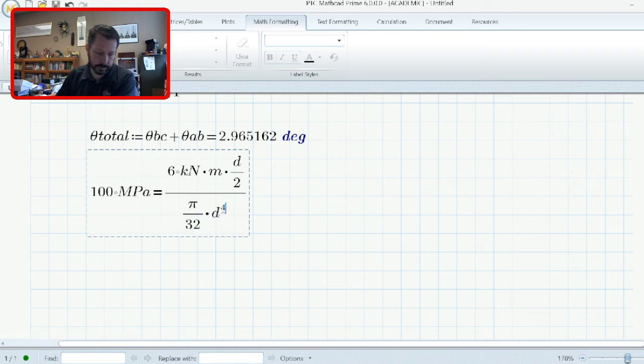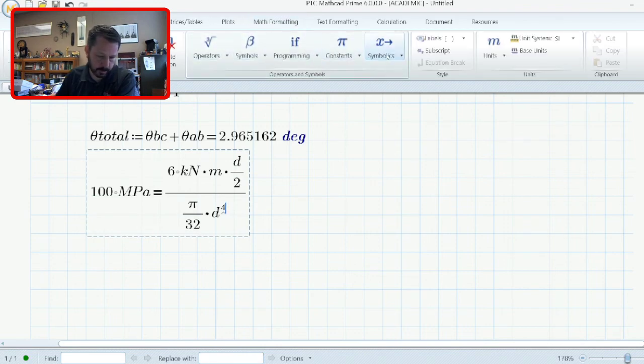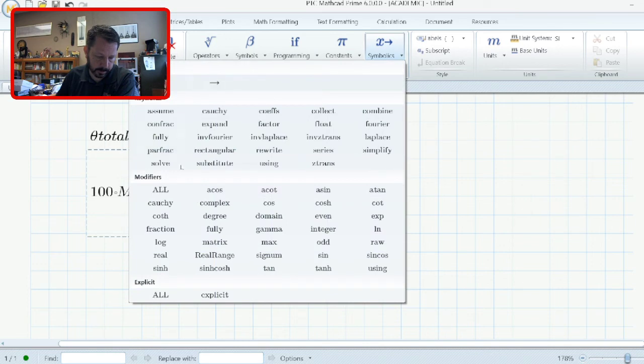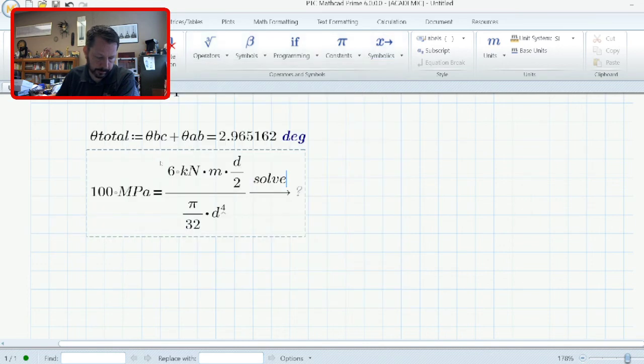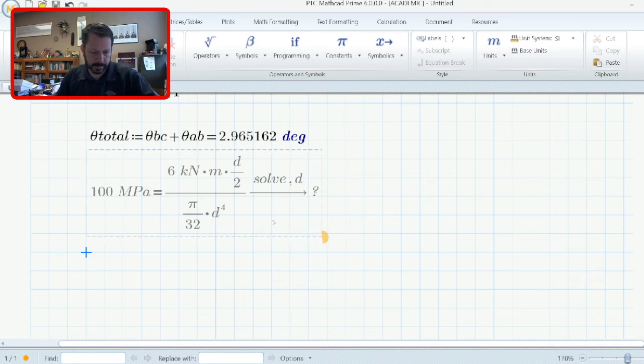And what I want it to do is go to math, symbolics. I want to just solve for D. I didn't test this ahead of time, so it might not like doing this. It shouldn't be a big deal, but we might have to do it by hand.